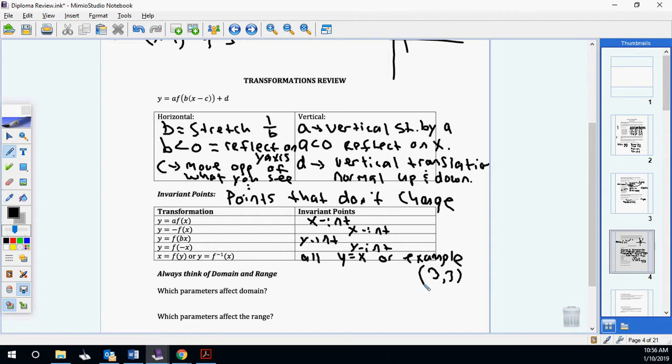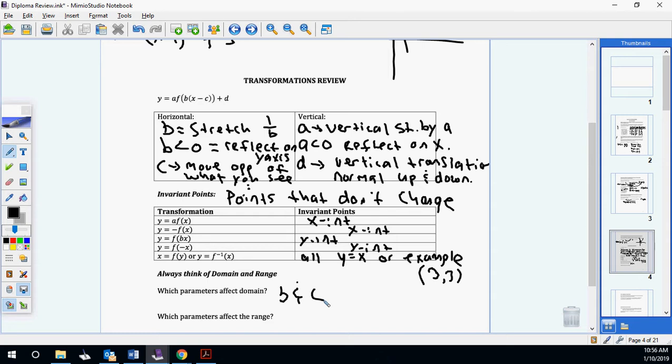What parameters affect domain? B and C. Our B and C affect our domain within that function. Your horizontal stretch will affect your domain, maybe moving it or flipping it. Moving right or left affects your domain.